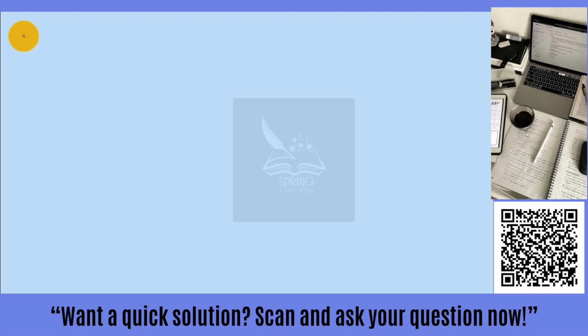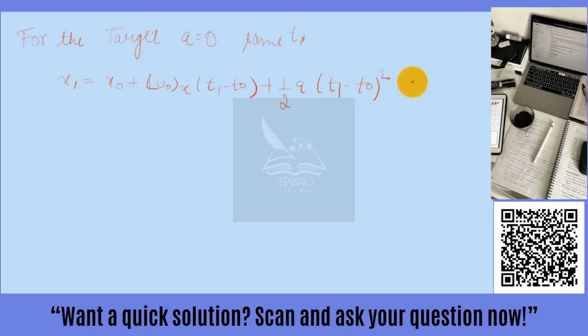For the target, acceleration is 0. Same T1. We need the displacement during this time, which is x1 is equal to x naught plus v naught multiplied by (t1 minus t naught) plus half of acceleration (t1 minus t naught) square.